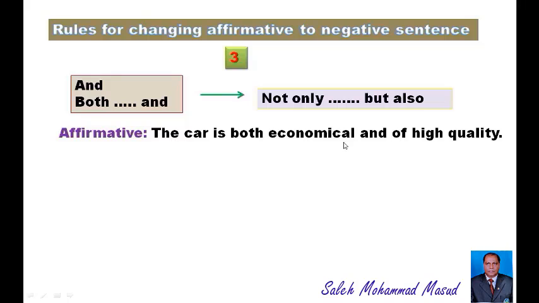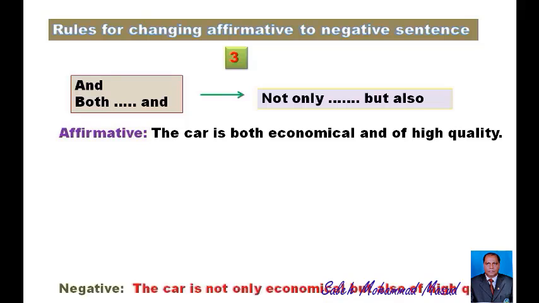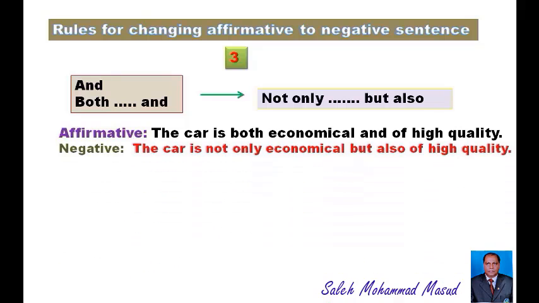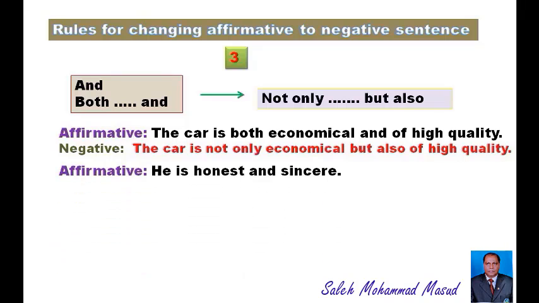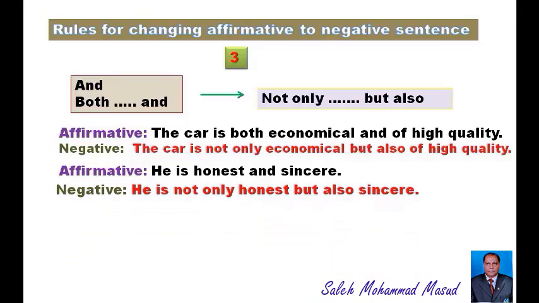Here the conjunction is both and, so we need to use not only but also as a replacement of it, and the answer would be the car is not only economical but also of high quality. Another example here, he is honest and sincere. Here the answer is he is not only honest but also sincere.